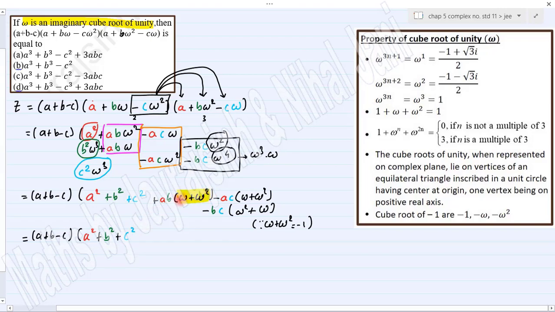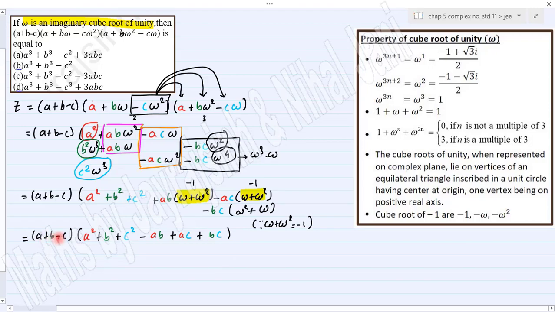This ω + ω² will become -1, so we will get -ab. Similarly, we also have ω + ω² over here, so it will be -1. So we will get plus ac. And your last term will be plus bc.